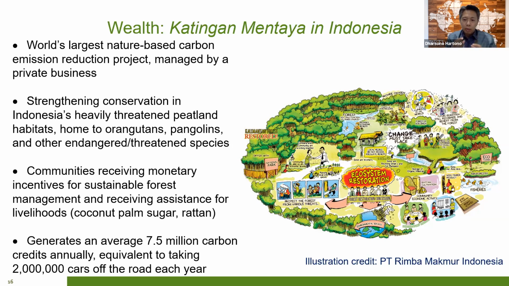This is a way we can change behavior on the ground, creating wealth not only for the world in terms of the environmental integrity of a peatland forest, but particularly for the communities and finally for the company. This is a new paradigm of doing business where the triple bottom line finally can happen.